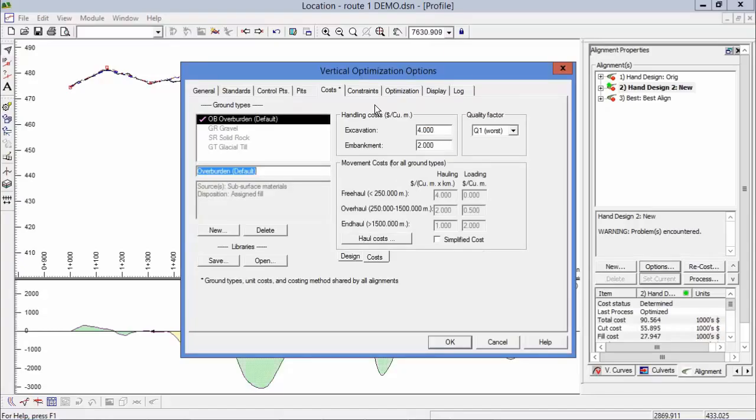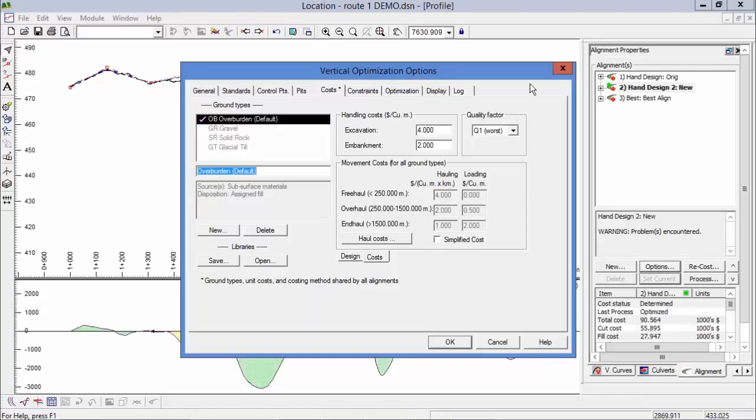So we have the excavation cost, we have the embankment cost, and we also take into account the haul cost. For each alignment, we are going to calculate the excavation, embankment, and haul cost, and this will give us a total cost, and that will allow us to compare alignments between each other. So the best alignment will be the alignment with the lowest cost.